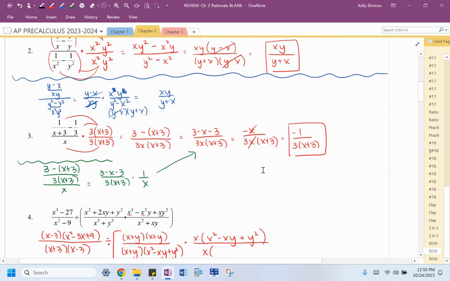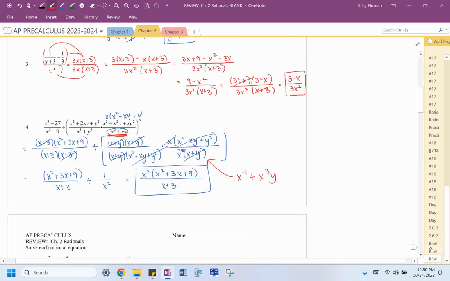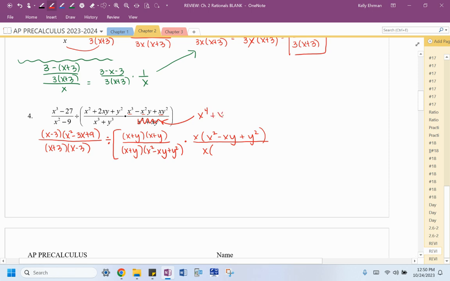I made this key and wanted it to be slightly different. So your copy should say x to the 4th plus x cubed y. Right there. So I need to factor out an x cubed. Sorry about that. That leaves me with x plus y.